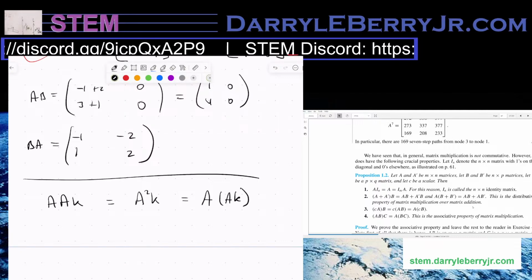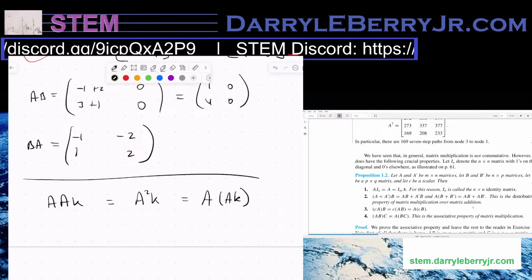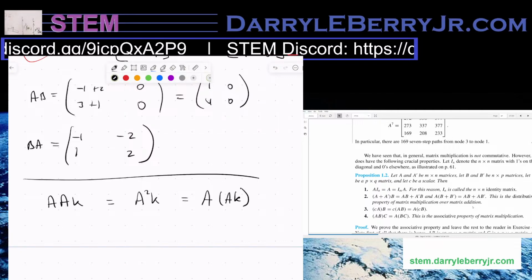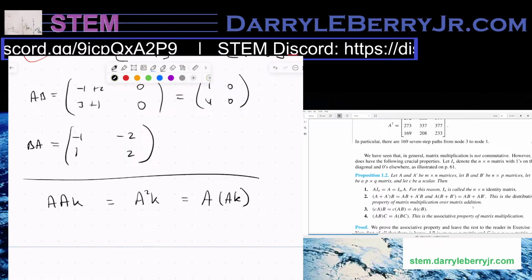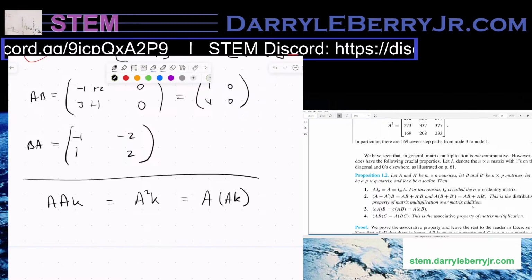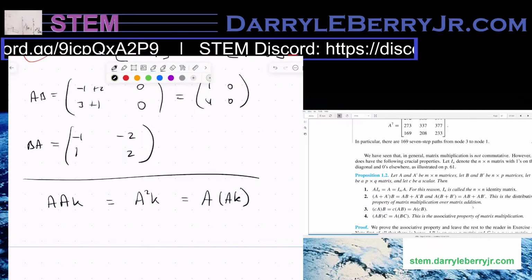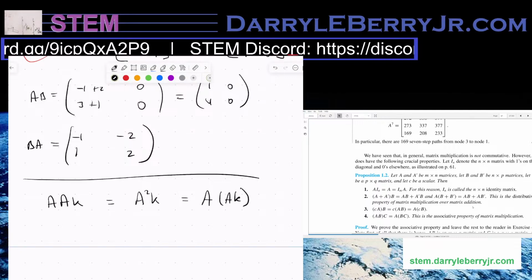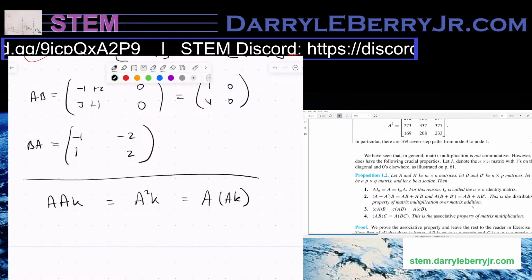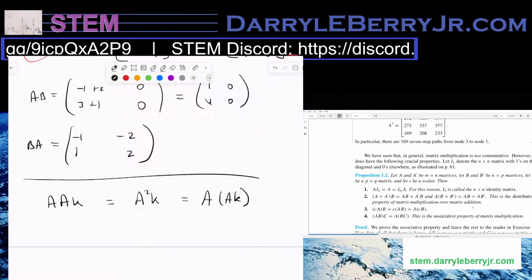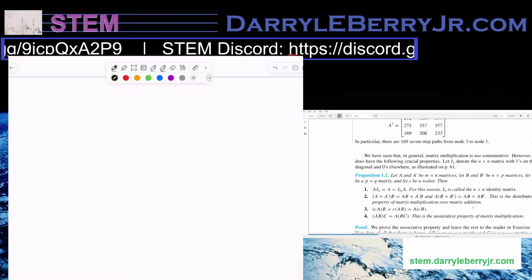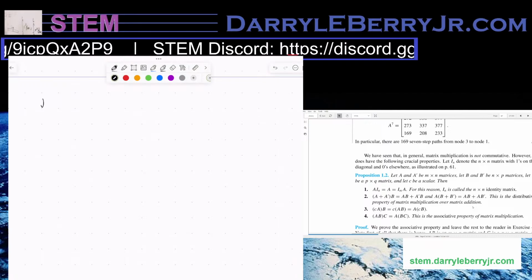We see that in general, matrix multiplication is not commutative. However, it does have the following crucial properties. Let I_n denote the n by n matrix with ones on the diagonal and zeros elsewhere, as illustrated on page 61. It's Proposition 2.1.